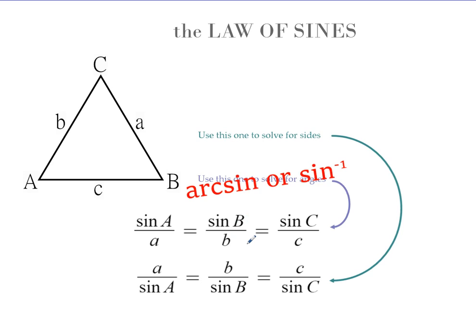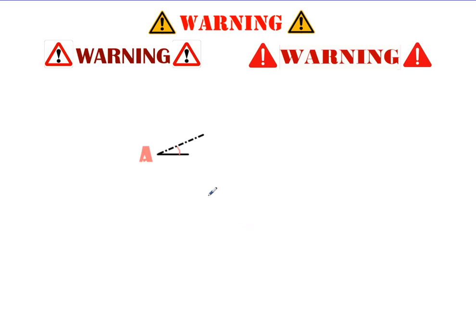Okay, so warning. When you have an angle and you have a side opposite that, you're going to want to use the law of sines. But the problem is that if the other side you have is defined as longer than the side that you have, the question becomes, where do you draw that last side?